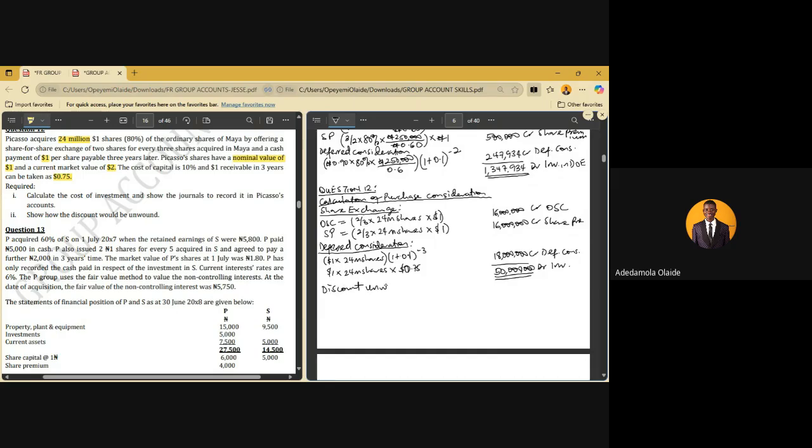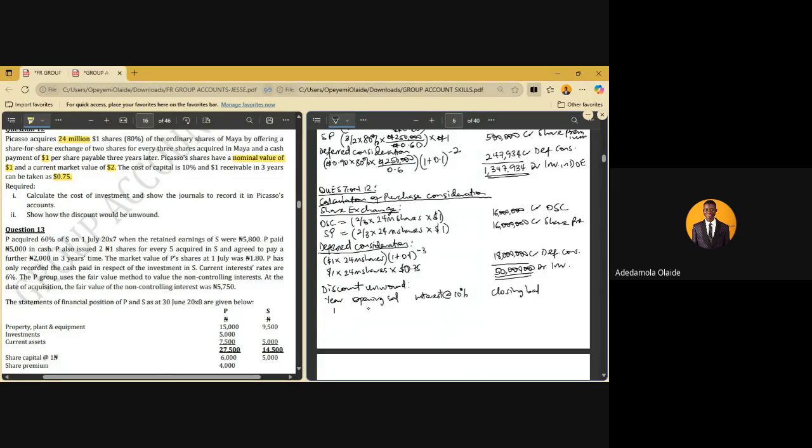To do discount unwound, it's better to use the tabular method. Just like when you are calculating your this thing. So we can say year, opening balance, interest at 10%, then closing balance.